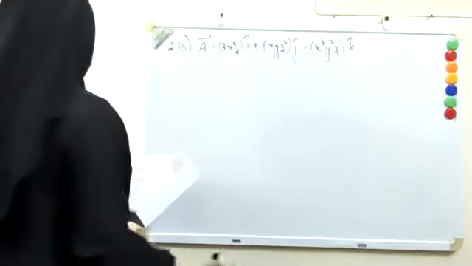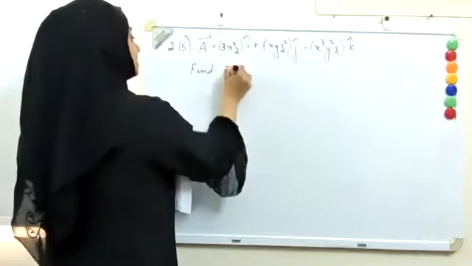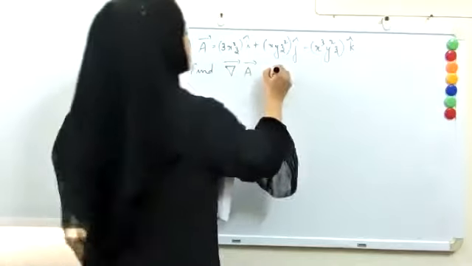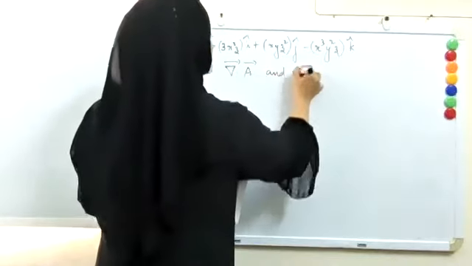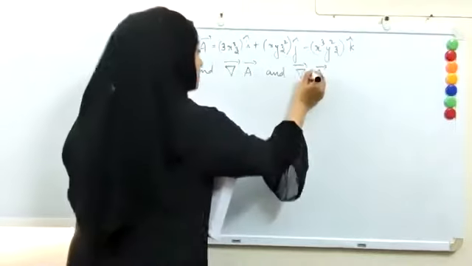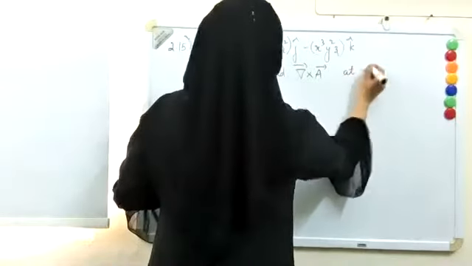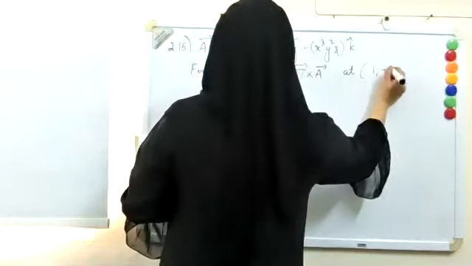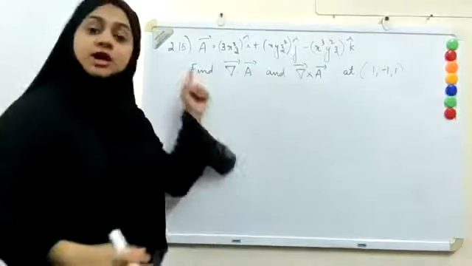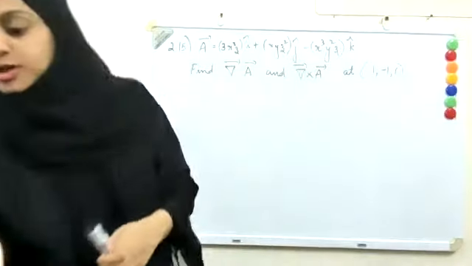So this vector is given, and you have to find del dot A, del dot A means divergence, and del cross A, del cross A means curl, both at the point (1, -1, 1). So here you have to find both divergence and curl of this vector at a particular point.